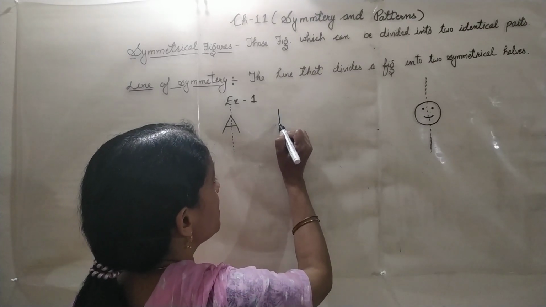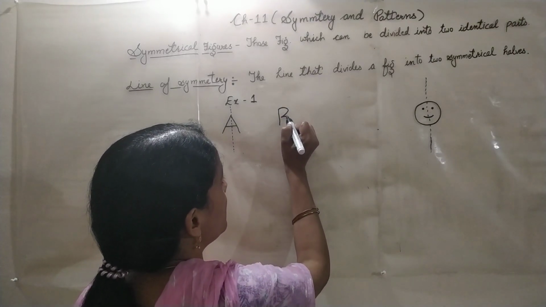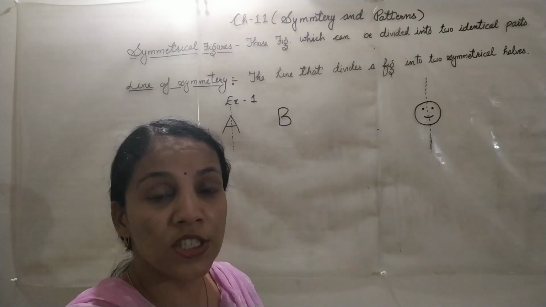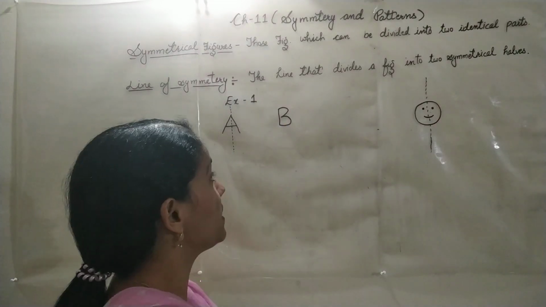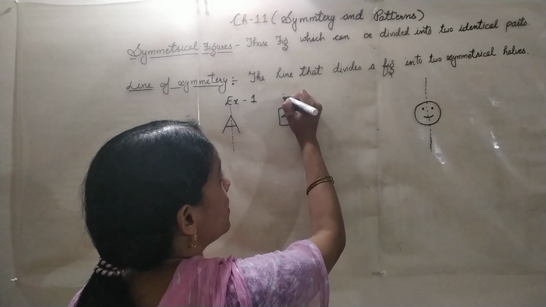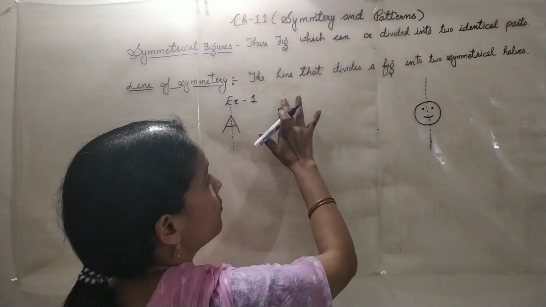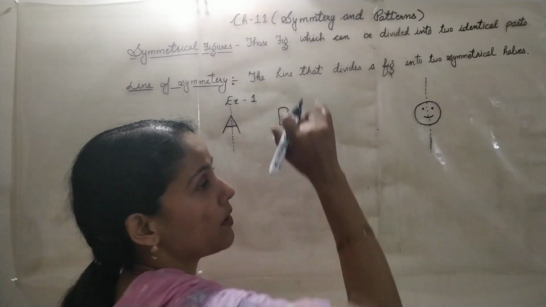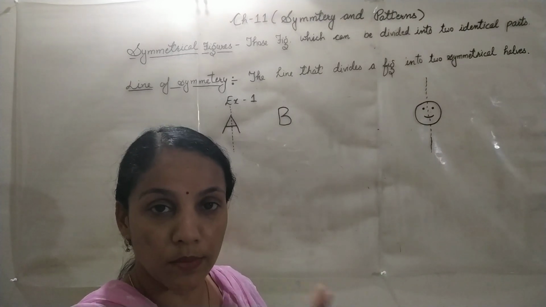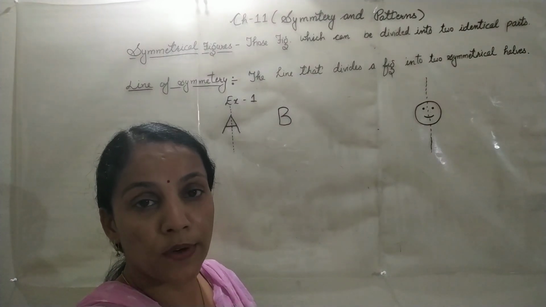Next is alphabet B. From which side do we have to make the line of symmetry? If we make it from above, is it correct? No. Both the parts are not identical when you draw the line of symmetry from above to down, vertically.